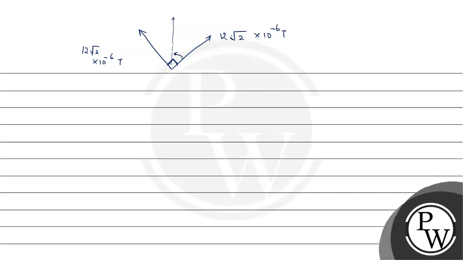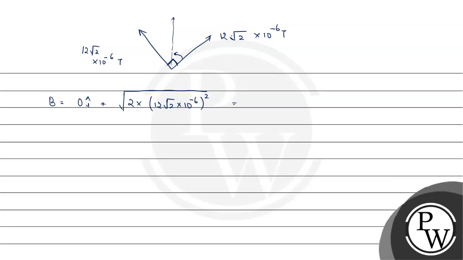So we can write the final B equal to 0 i cap, because there will be no B in the x direction, plus, in this direction, the square root of what we have found, 2 into 12 root 2 into 10 to the power minus 6, whole square.